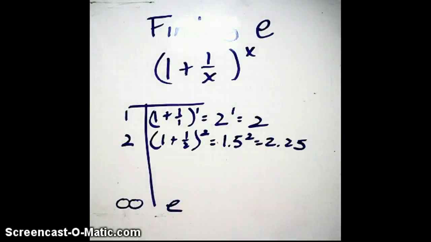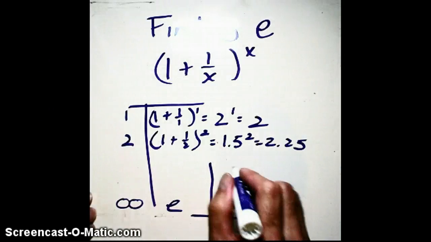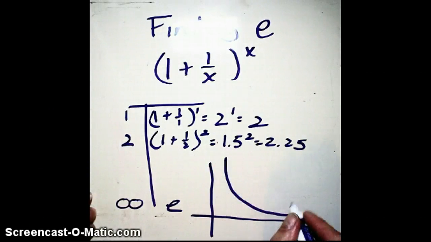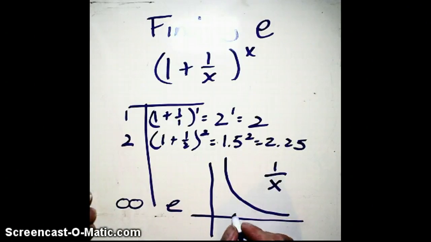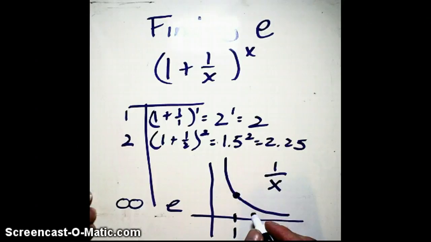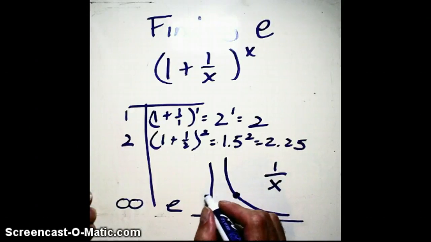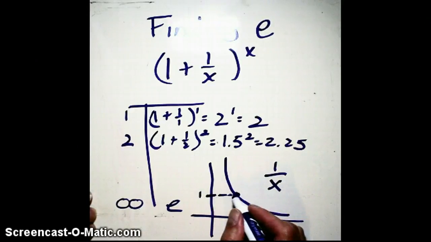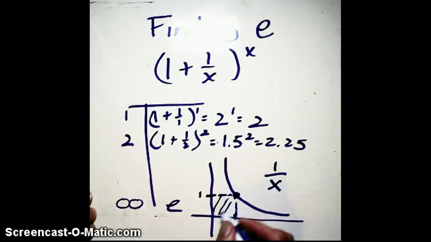Okay. Also, you may find it interesting. E is also, this is a calculus idea. If you had the curve 1 over x, a rational function, which we have been talking about, and if we pick the number 1, remember that's 1, 1, and let's just say for the sake of argument, remember this is 1, so wouldn't this be 1 square unit, right?